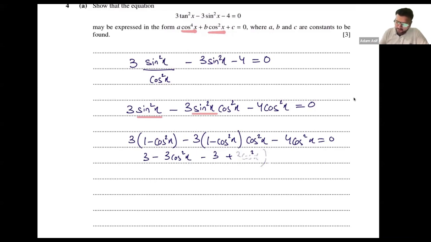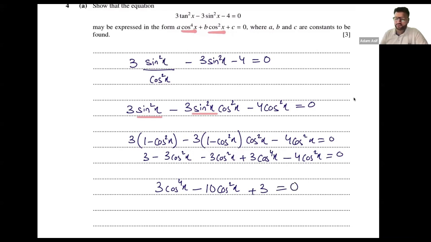If you multiply it with cos square x as well, we are going to get minus 3 cos square x plus 3 cos x to the power of 4 minus 4 cos square x equals 0. Now simplify this. You're going to get 3 cos x to the power of 4, minus 7 minus 3, minus 10 cos square x plus 3 equals 0. This is the disguised quadratic form. So we have expressed our answer in this form, which was required.